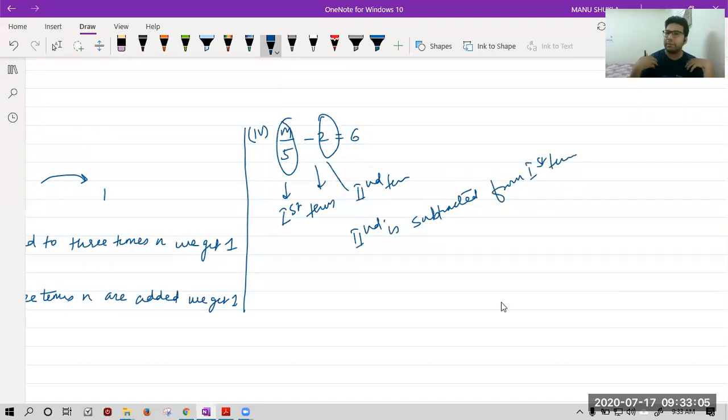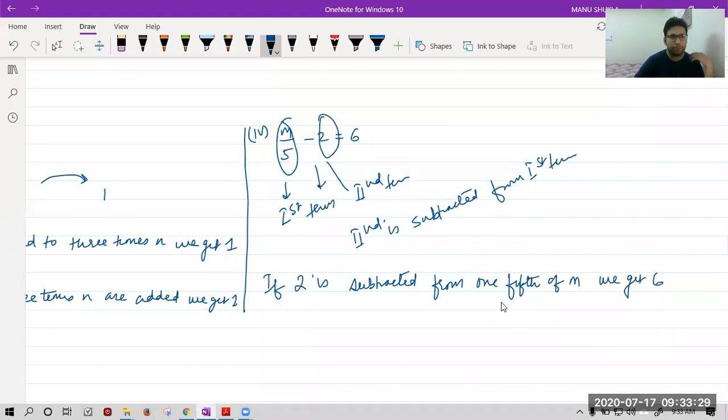This is the idea that I'm getting. So with this idea, I can write the statement like this. If 2 is subtracted from 1/5 of m, we get 6. You can write like this.